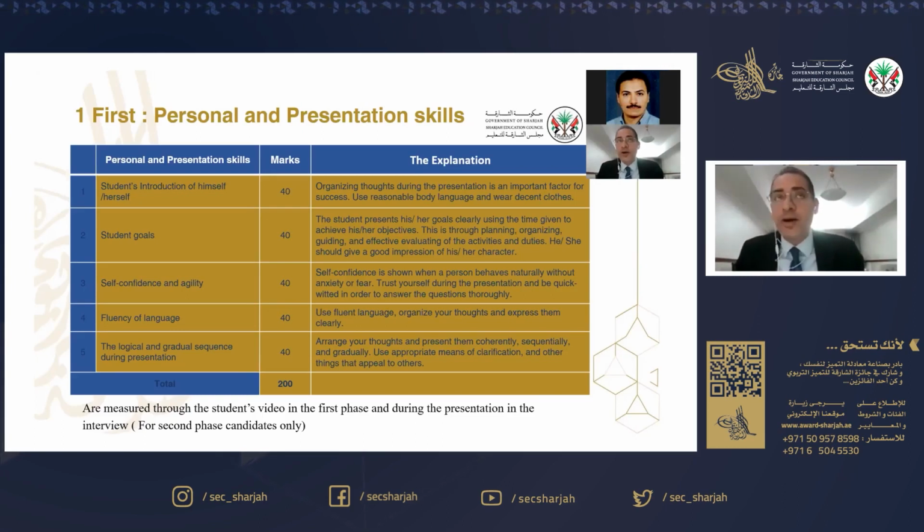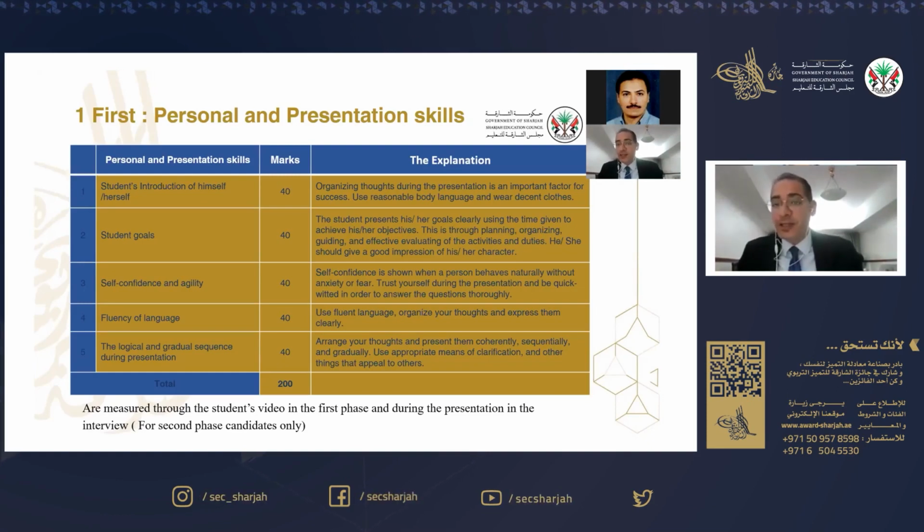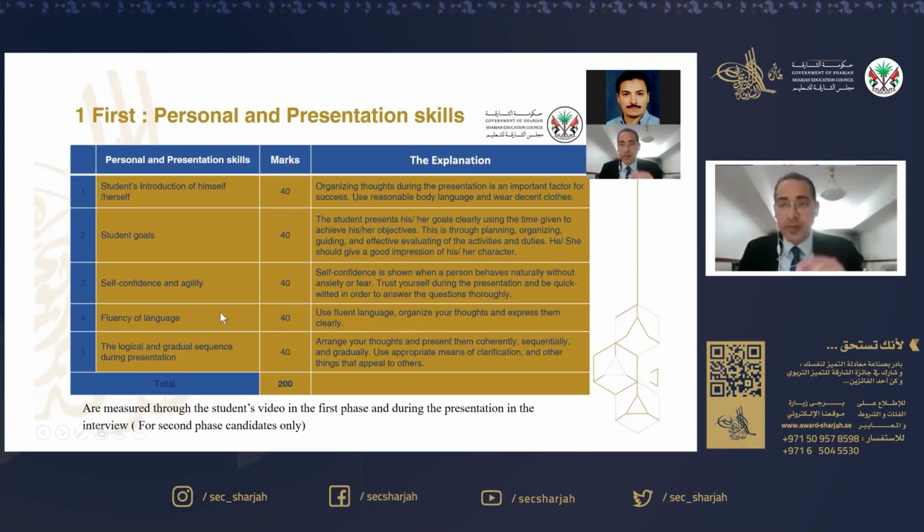Why do you think you are a distinguished student? Why do you think that judges should say, yes, he is a distinguished student and this file should be shortlisted? And remember, use the proper language, use the proper vocabulary, and show me self-confidence while presenting this video.